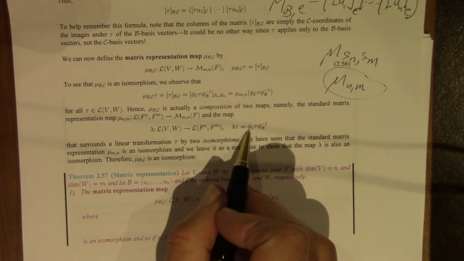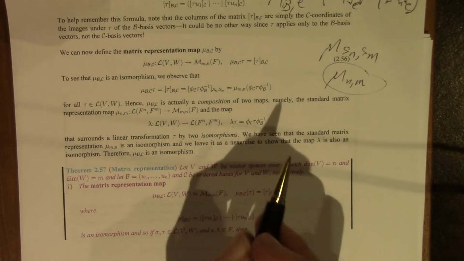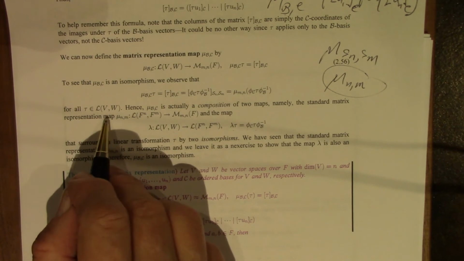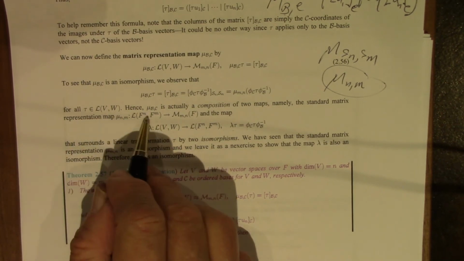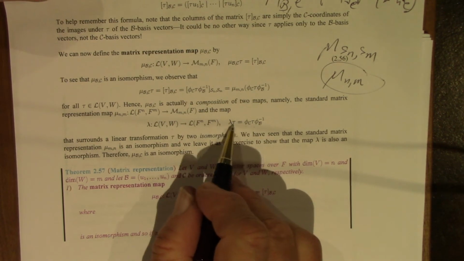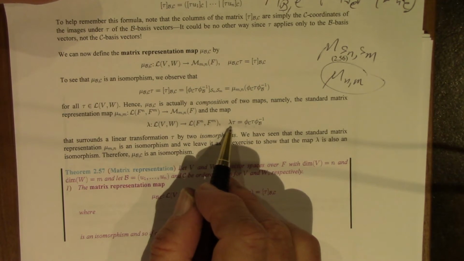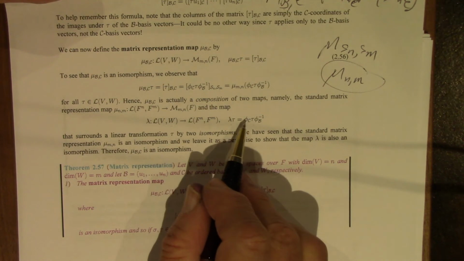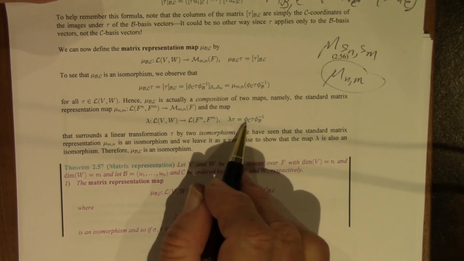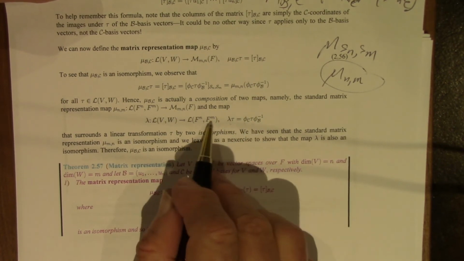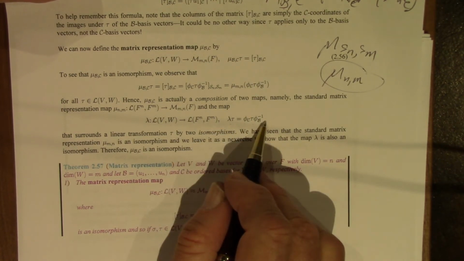This one is the direct coordinate map. We've already seen that the standard matrix representation is an isomorphism, and I'm going to leave it to you to show that the map lambda, which, in loose terms, is surrounded by two linear maps, two isomorphisms, excuse me, is an isomorphism.